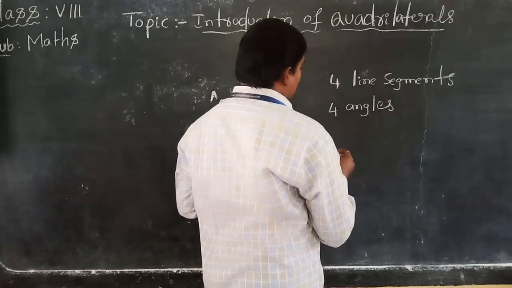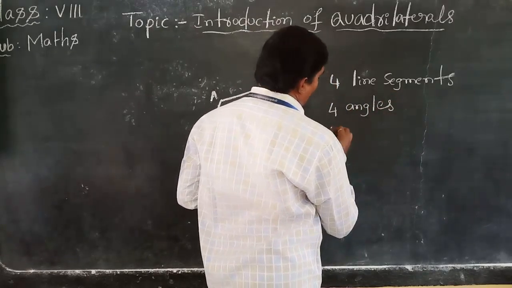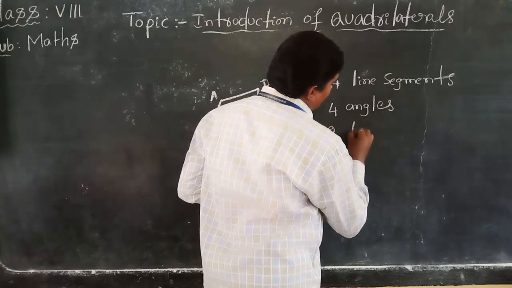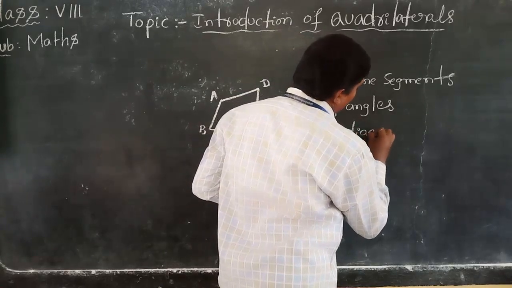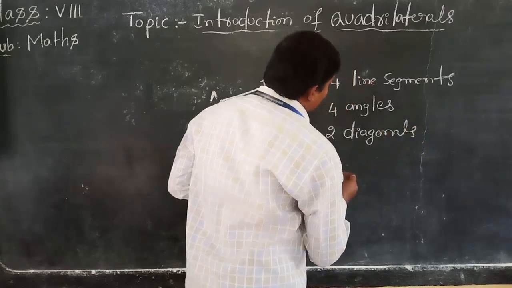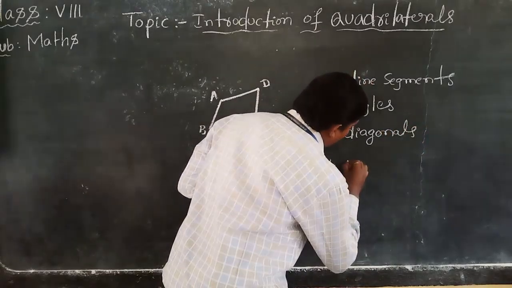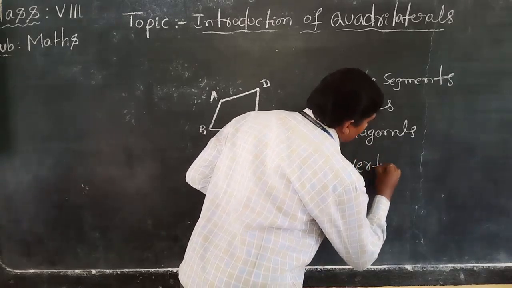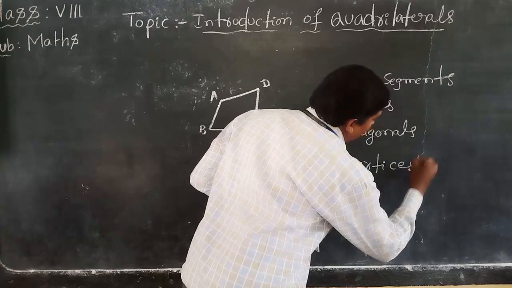4 angles. Next, 2 diagonals. 4 vertices.